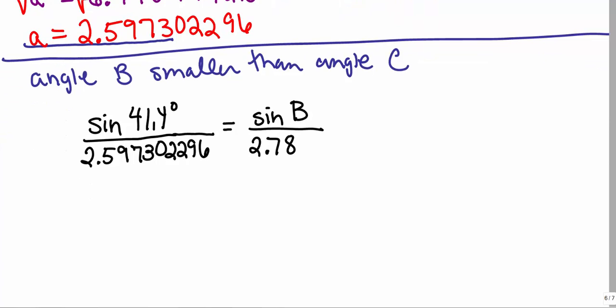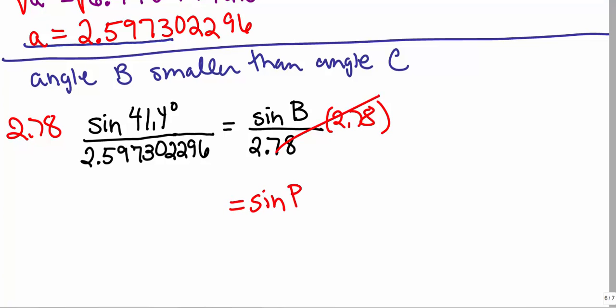Okay, we're going to multiply both sides by 2.78, and put that into our calculator to figure out what is the sine value of angle B. And I get 0.707829423.